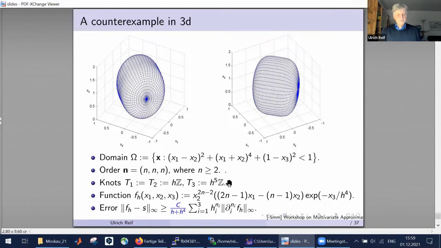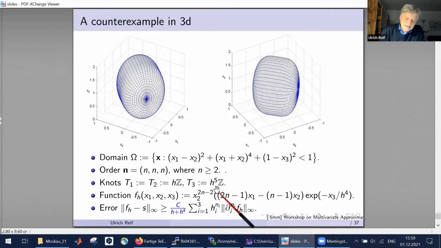Of course, the problem can be solved in that way, that you don't use knot sequences which are so different in the coordinate directions. If you say I use h in all directions, or in this case h and h squared, then it would be fine.